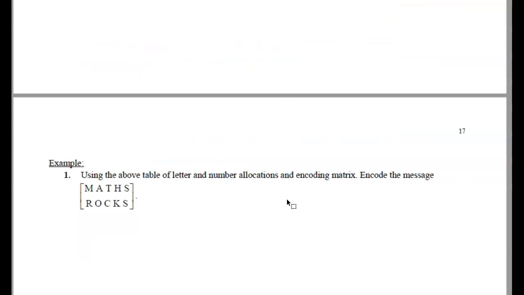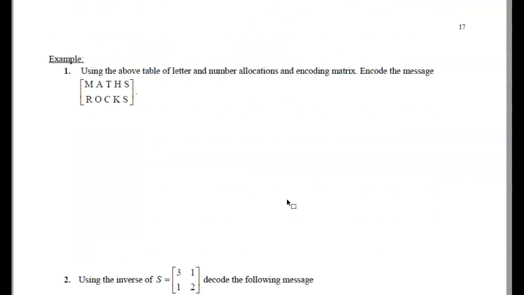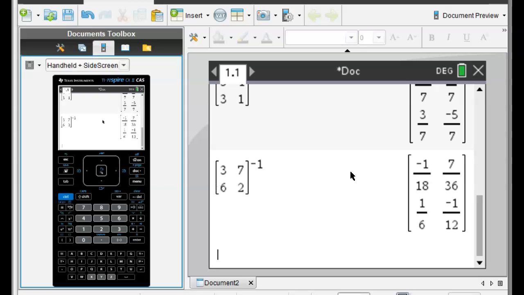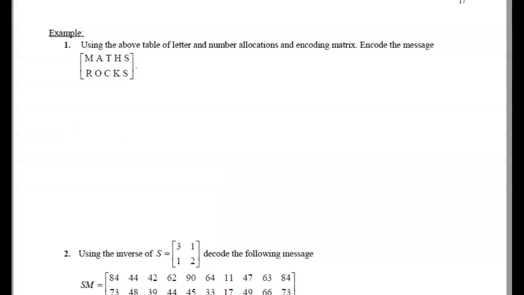Now, let's have a look at a few examples. So, as we all know, maths rocks. So let's get the calculator up. And before I do that, let's think about how many rows and how many columns our matrix is going to have. So we've got 2 words, 2 rows.